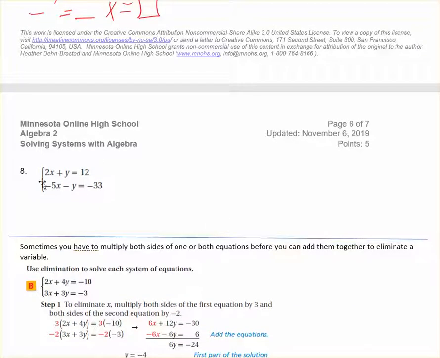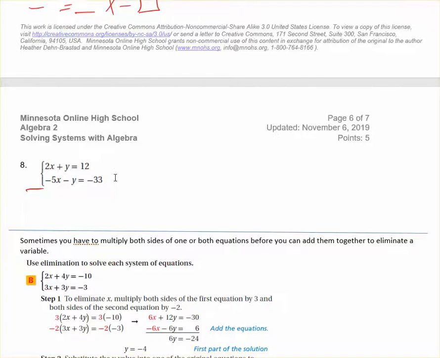In number 8, same thing. We have 2x plus y equals 12, and then the second equation is negative 5x minus y. If we add these together by just taking the x term plus the x term, the y term plus the y term, and the constant plus the constant, we'll find that 2x plus negative 5x, or you can think about that as 2x minus 5x, is negative 3x.